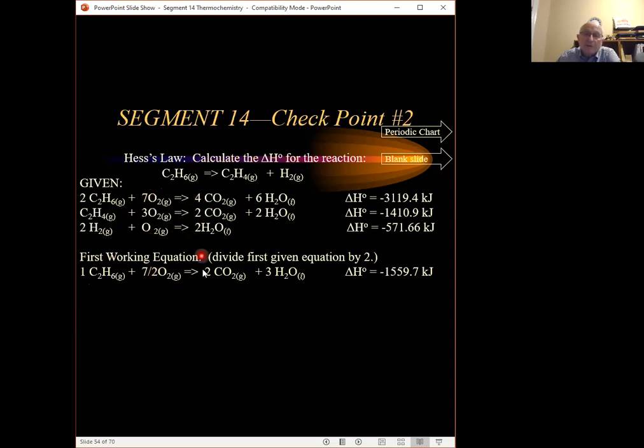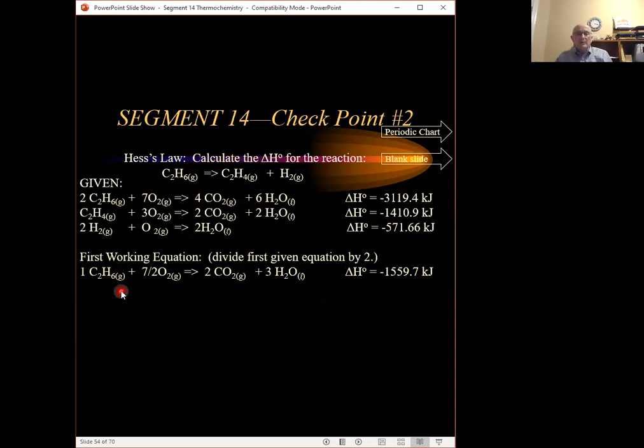Divide 4 by 2, I get 2. Divide 6 by 2, I get 3. Divide minus 3119.4 by 2, I get minus 1559.7. So now this becomes my working equation that does have my C2H6 in the reactant side with the coefficient that I want. That becomes my working equation.